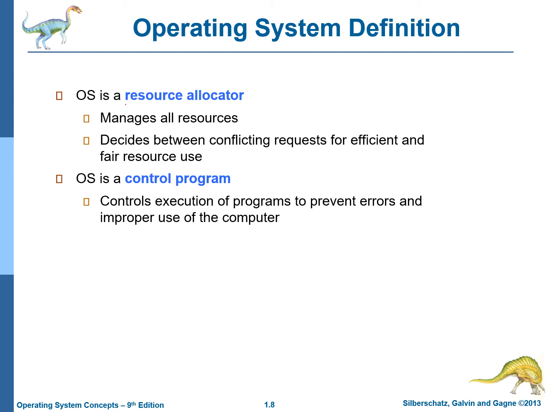An operating system can either work as a resource allocator or resource manager, or it can function as a control program. So what does it mean? It means that all the resources that are connected to a computer are managed by the operating system. Resources include all hardware and software resources. For example, say there is a printer or plotter or any other IO device connected to a computer.